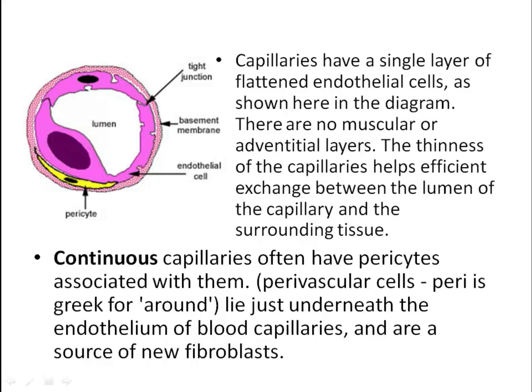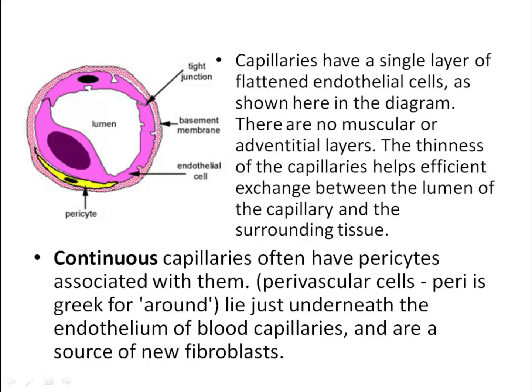They are single cell thick. In between the cells there are some gaps, and these endothelial cells, through pinocytosis and exocytosis, make exchange of material across the internal lumen, that is, from the blood to the surrounding tissue fluid.